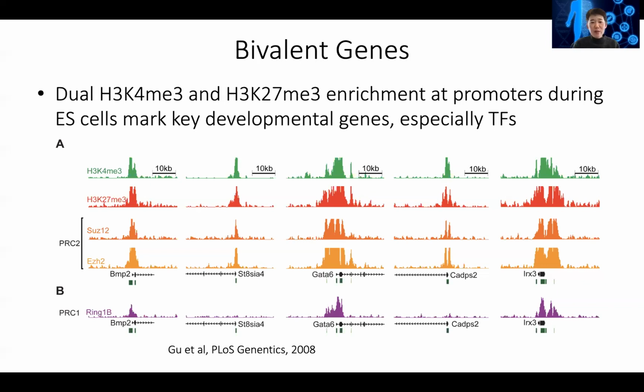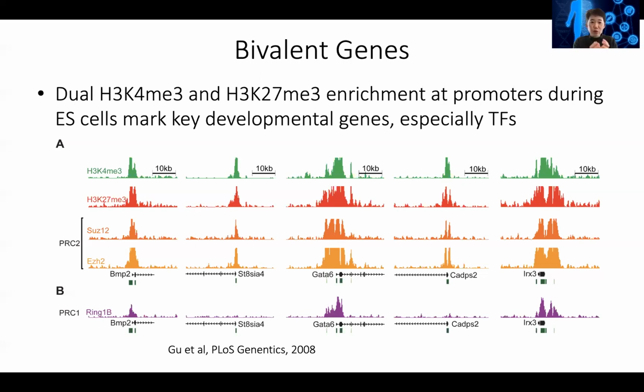When people look at where those genes are, it turns out these are very important developmental genes, especially transcription factors that need to be turned on later as the cell differentiates. So somehow the cell knows that these regions are important. They not only have an on switch, they also have an off switch, just in case the on and off are not tightly regulated.